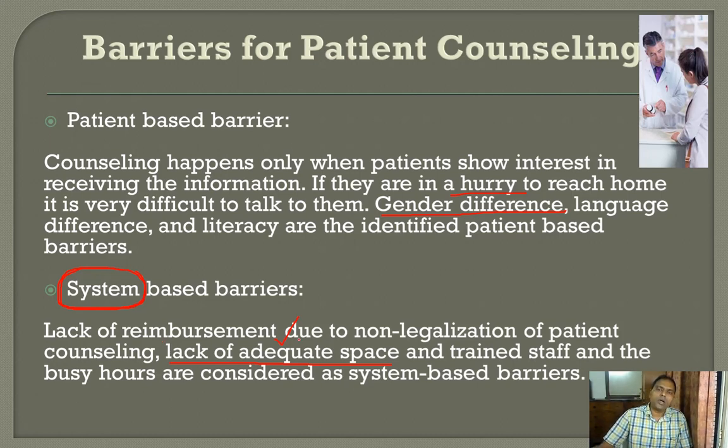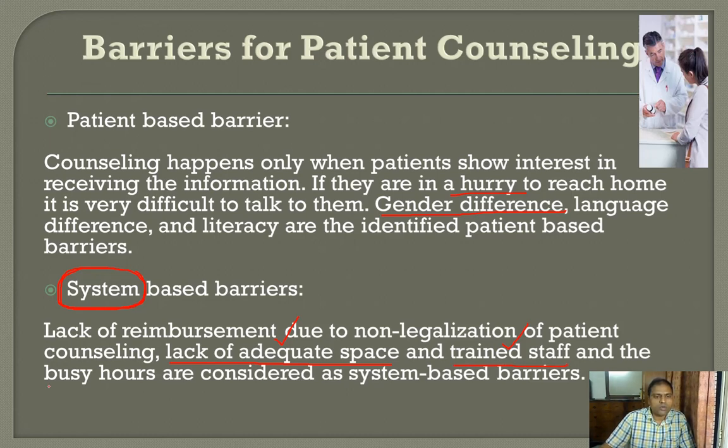There may not be a trained pharmacist for patient counseling. That is going to be a problem. Suppose in case of a pharmacist with a diploma in pharmacy, they may not have enough training in patient counseling. So this is going to be a system-based problem with the trained staff.